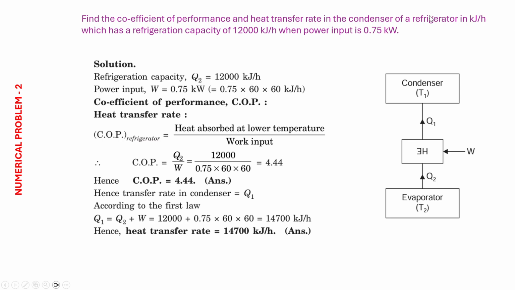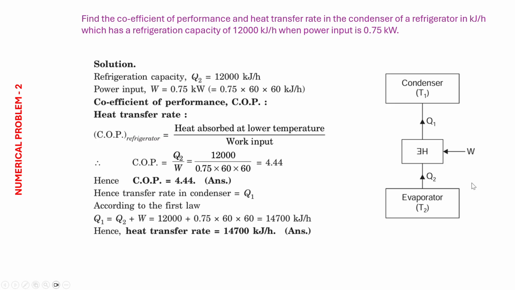That governs the output. For refrigerator as well as heat pump, work has to be supplied to the system. We can't expect work done by the system. So the arrow mark is towards the reversed heat engine, which is simply a refrigerator here.